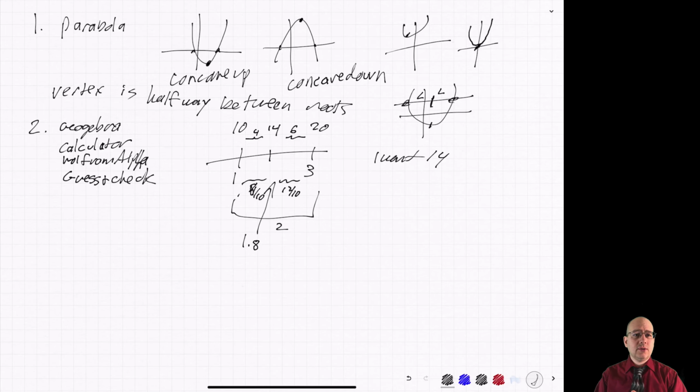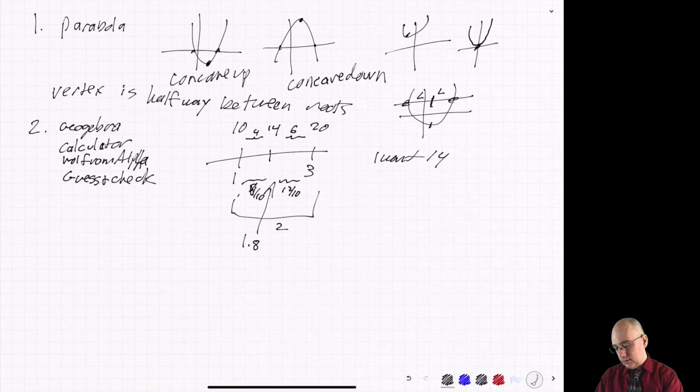And quadratics are very well behaved, not entirely. If you're guessing close to the vertex, it's going to have some problems because it's almost horizontal. But otherwise, it's a good tool, and we'll see that a few times.